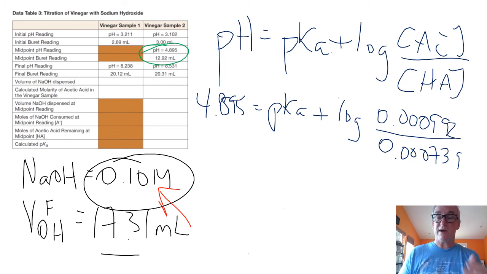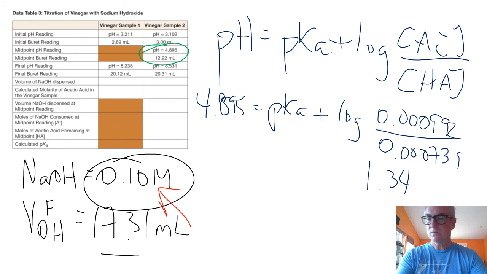So the expression, plus log moles of acetate over moles of acetic acid, is going to be a fairly small number. The ratio should be around 1. If it's dramatically different than 1, then you've probably done something wrong. In this instance, this ratio is 1.3424.